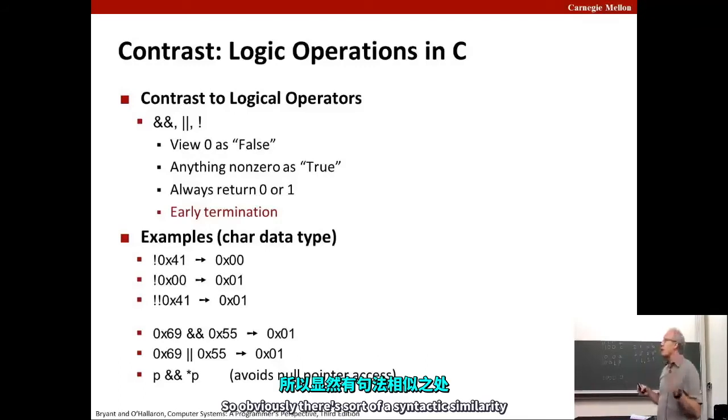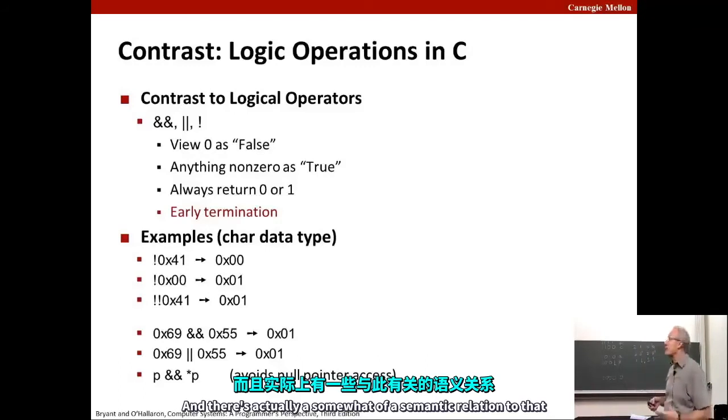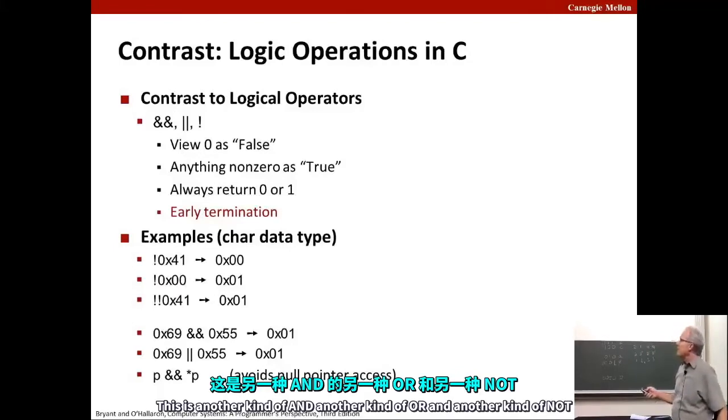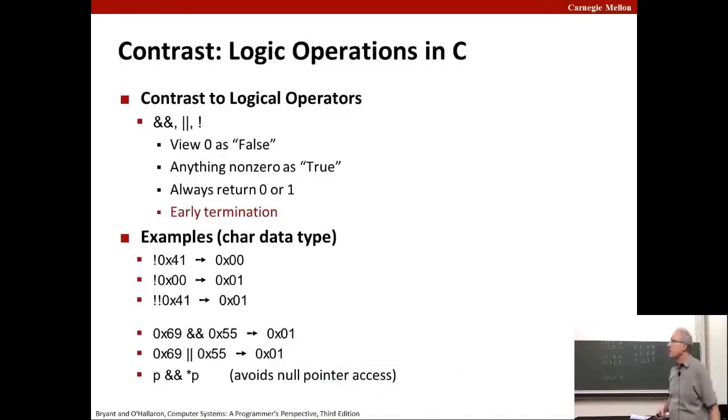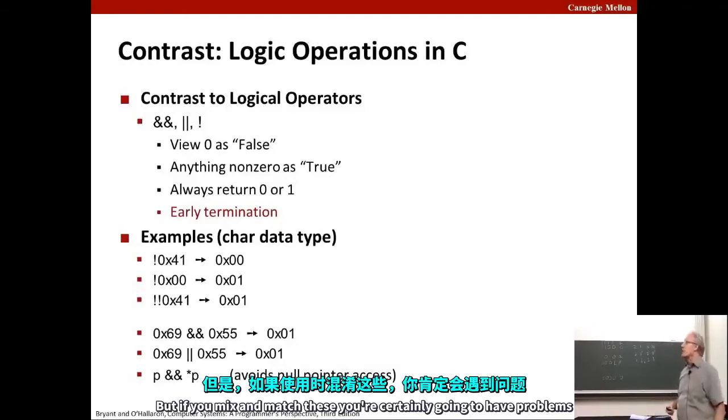Obviously there's a syntactic similarity, and there's also somewhat of a semantic relation, that this is another kind of and, another kind of or, and another kind of not. But if you mix and match these, you're certainly going to have problems.